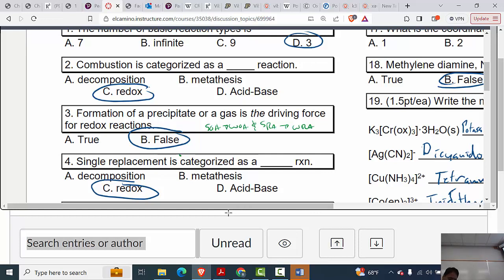You don't have changes in oxidation states in metathesis and acid-base. And so we look for little things. Little things would be like precipitation or gas formation. Gas formation is always favorable because with gas formation, we expect the entropy to be going up. But then we have to look at the energetics. And if the energetics are very, very unfavorable, then the reaction is not going to happen. And changes in oxidation states involve much larger magnitudes of energy than precipitation and the others.